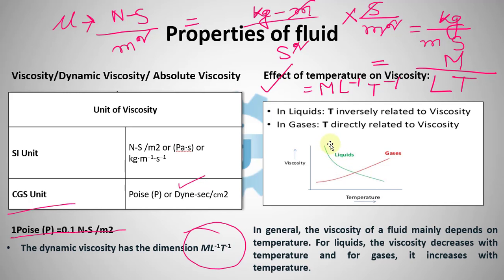And in case of gases, the viscosity increases with temperature. Or we can write temperature is inversely related to viscosity in case of liquid, and temperature is directly related to viscosity in case of gases.